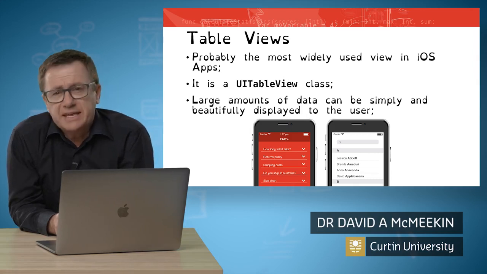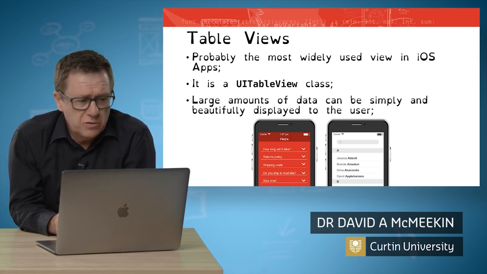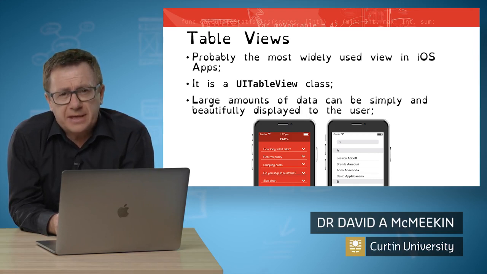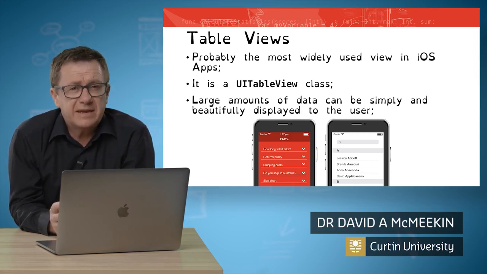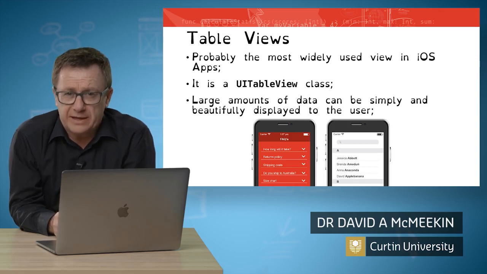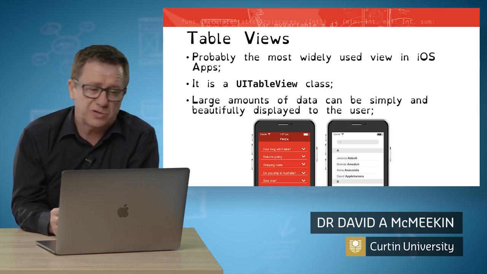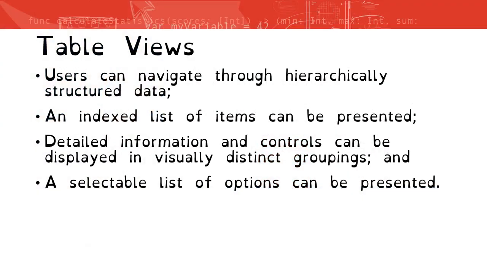It's a UITableView class that we use, and large amounts of data can be displayed within them in a most magnificent way. And when you do the table views well, your data looks really nice. So with our table views, users can navigate through the hierarchically structured data really easily.